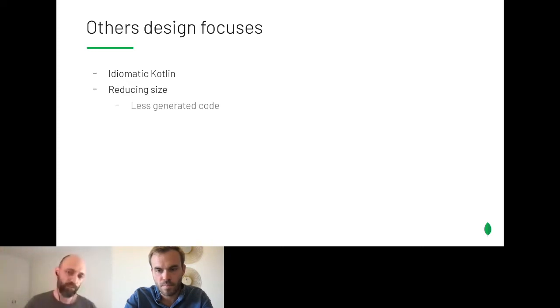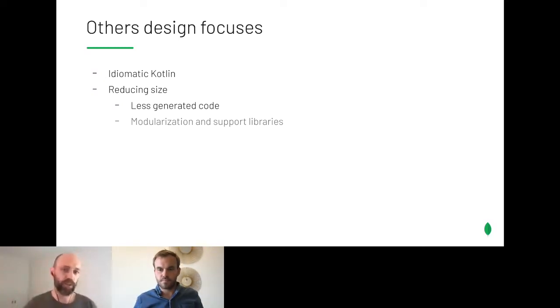This is possible with the new compiler plugin. As we've previously touched, we can just modify the user instance and not generate additional classes. We're also trying to bundle up part of functionality and modularize it into support libraries.